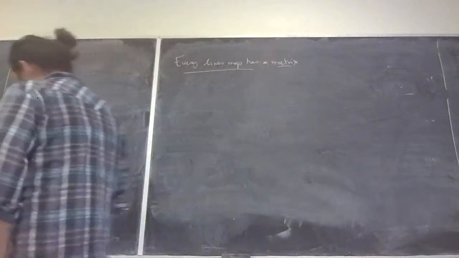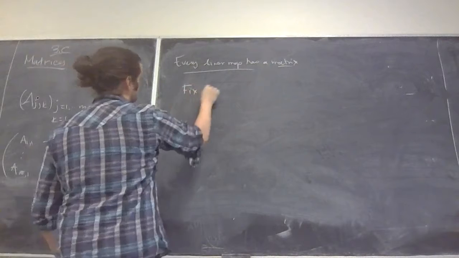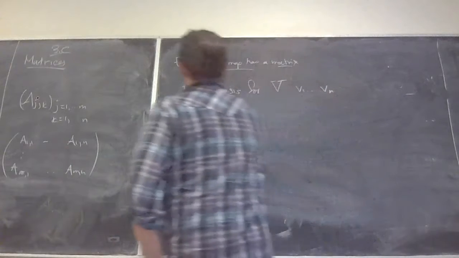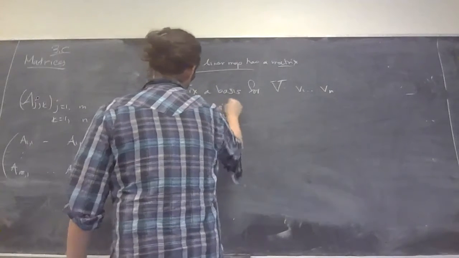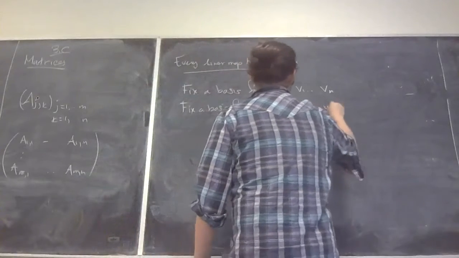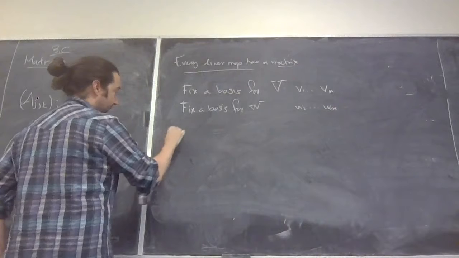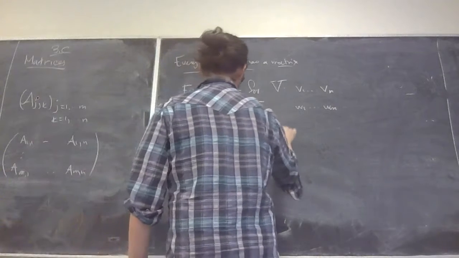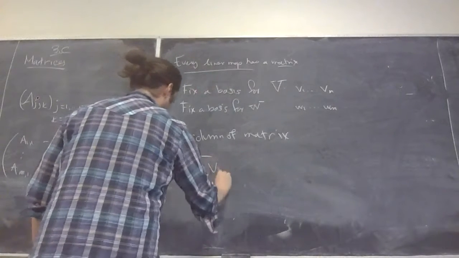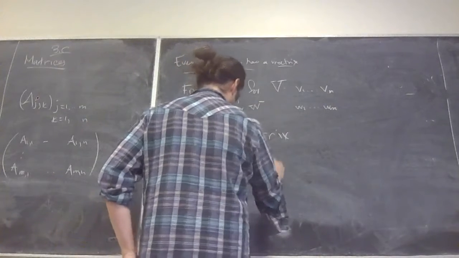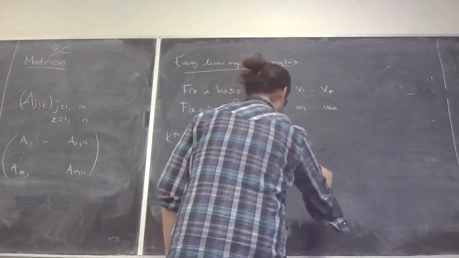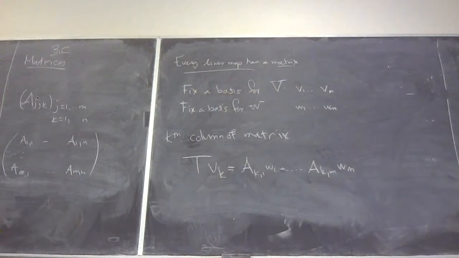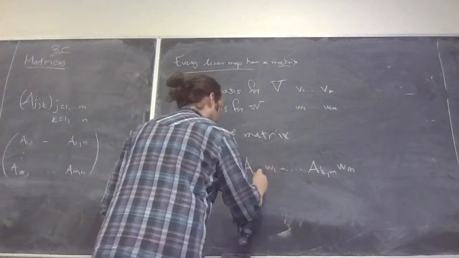And I think I told you that the way you get that is you fix a basis for V, v_1 to v_n, and you fix a basis for W, w_1 to w_m, and then you calculate the kth column of the matrix by using T of v_k equals A_{1,k} w_1 and so on. I got this backwards. It's supposed to be like that.